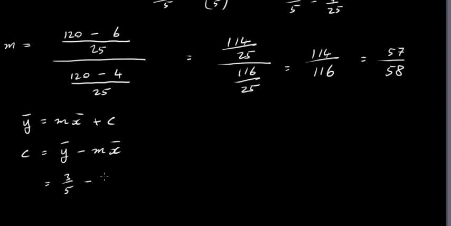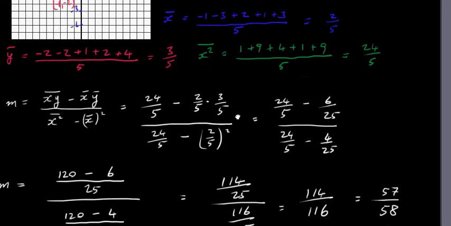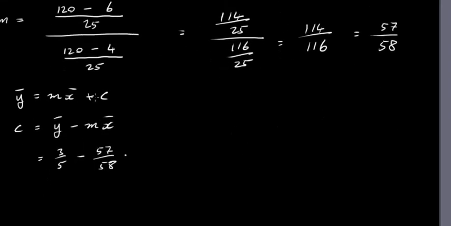Our slope, remember, is 57 over 58. And the mean of our x's was 2/5, so let's put 2/5 in here. That'll give us 3/5 minus 57 over 58 times 2/5. So we'll get 114 over 5 times 58, that's 290.